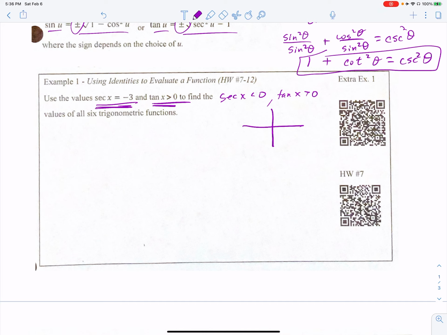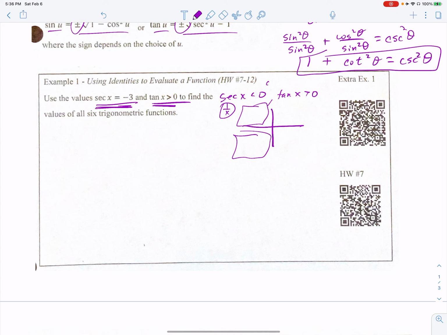Where is secant negative? Secant is the reciprocal of cosine, so it's 1 over x. So it's going to be negative where x is negative, which is either quadrant 2 or quadrant 3. Cosine's negative in quadrant 2 and 3. Secant is negative in quadrant 2 and 3.